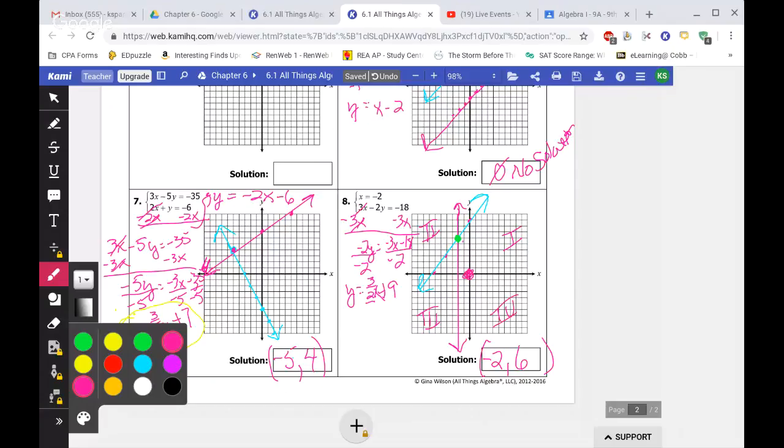And this is the fourth. Your y's in the first and second will be positive, your y's in the third and fourth will be negative. Your x's in the first and fourth will be positive, and your x's will be negative in the second and third.